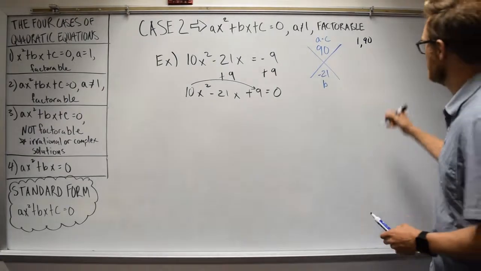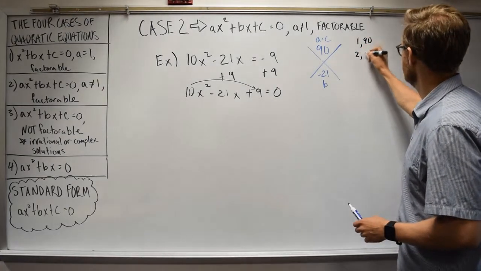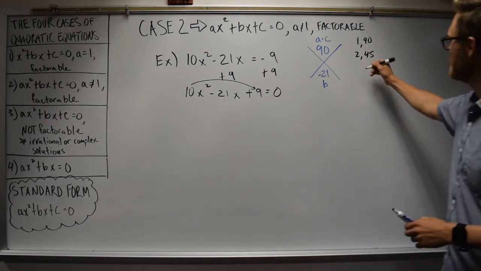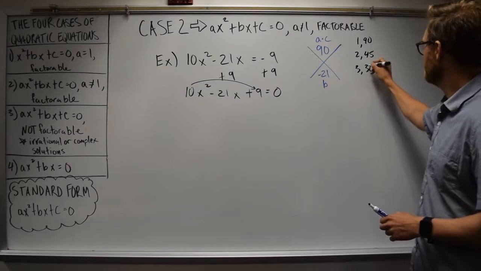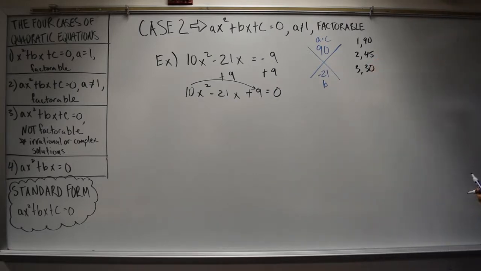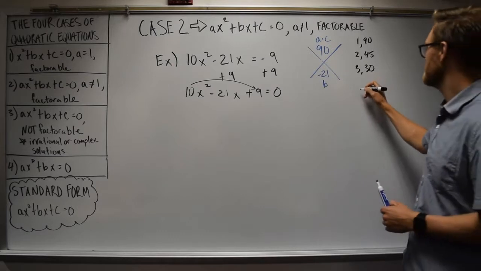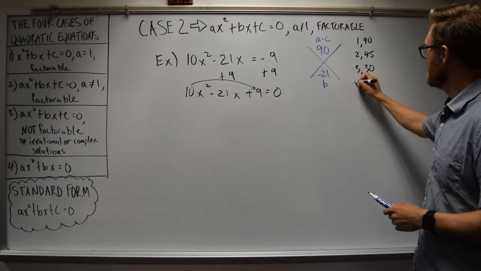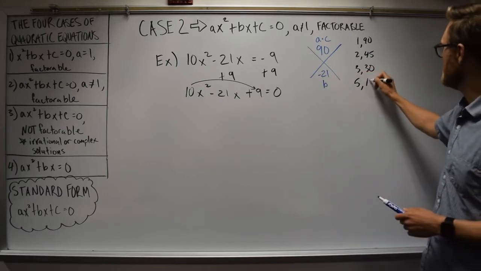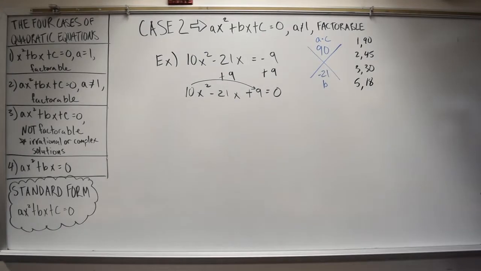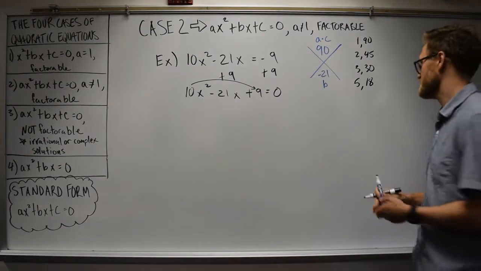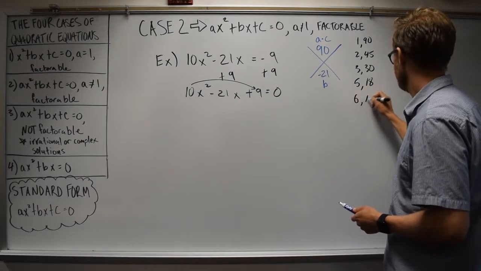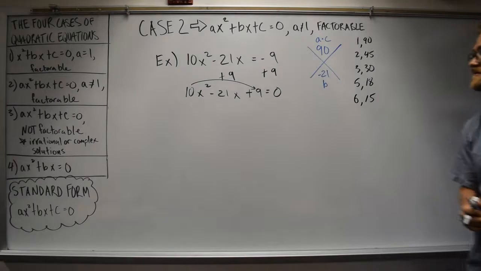That adds up to 91, so that doesn't work. 2 and 45 adds up to 47, so that doesn't work. 3 and 30 adds up to 33, so that doesn't work. 90 is not divisible by 4. 5 goes into 90 18 times, so 5 and 18 adds up to 23, so that still doesn't work. And then we have 6 and 15, which does add up to 21.